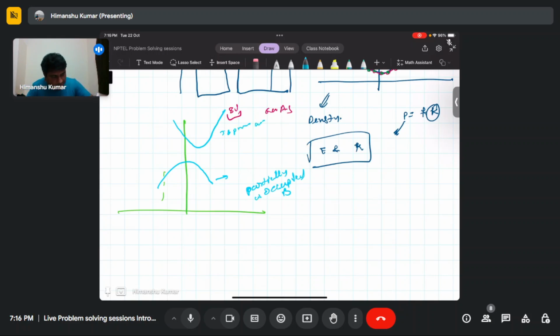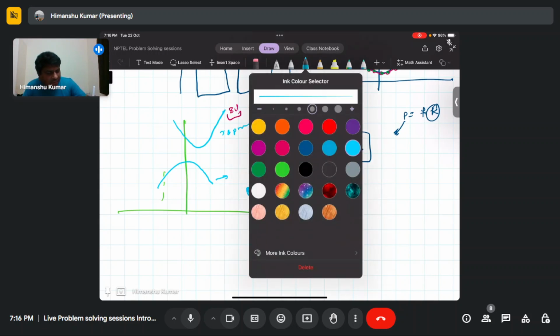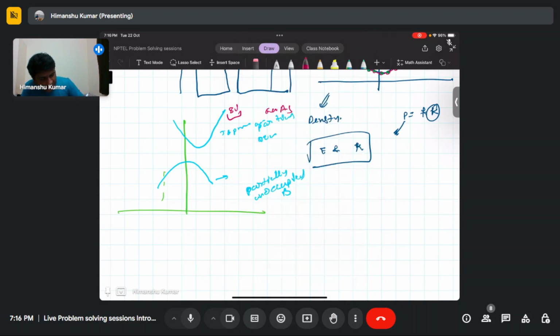So this is partially unoccupied, and this is partially occupied band. There will be very few states in this band. This band will have all the states possible.